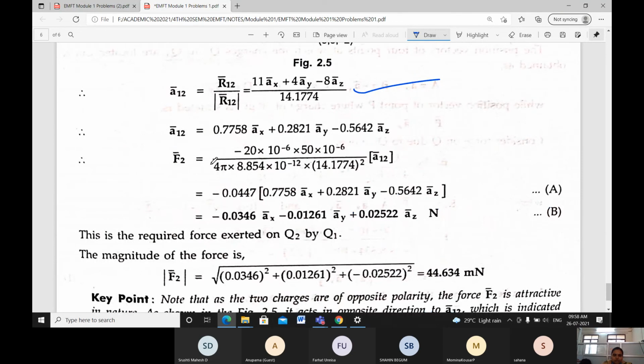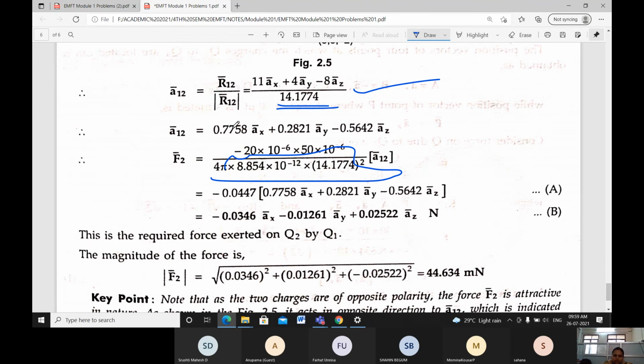F2 is going to be equal to Q1 Q2 divided by 4 pi epsilon naught, then R12 squared, which is the magnitude of R12 squared, then A12. You have to substitute each and every value. After calculation of this part, you will get minus 0.0447.